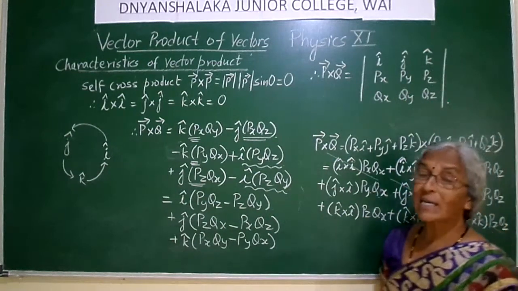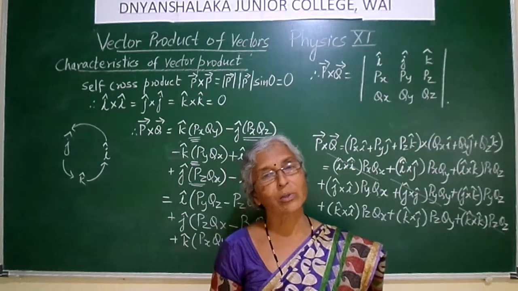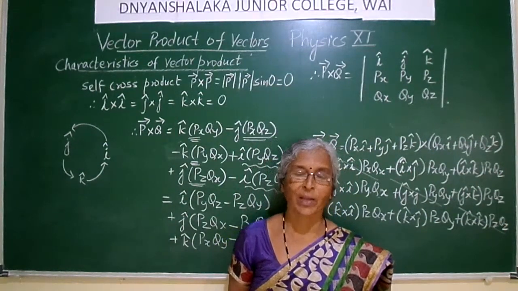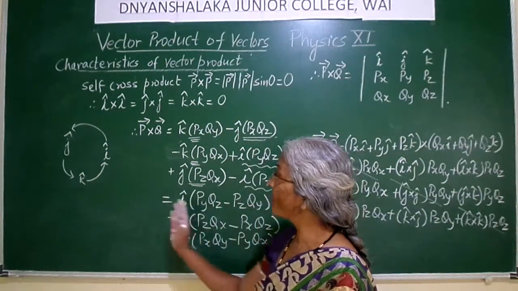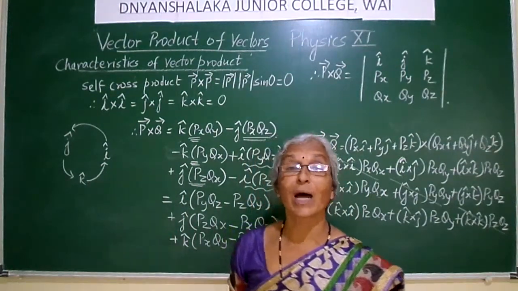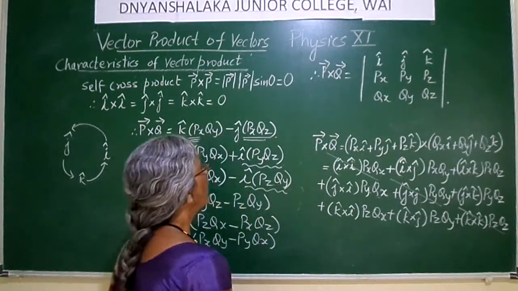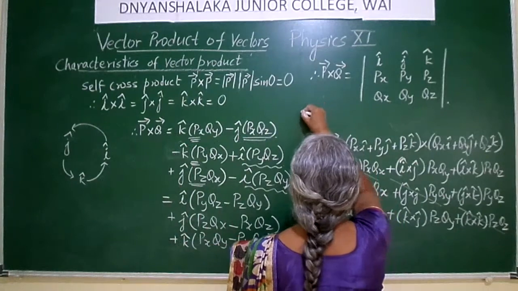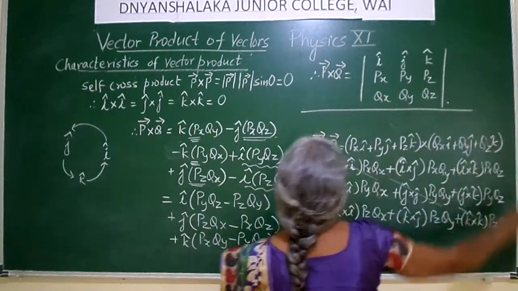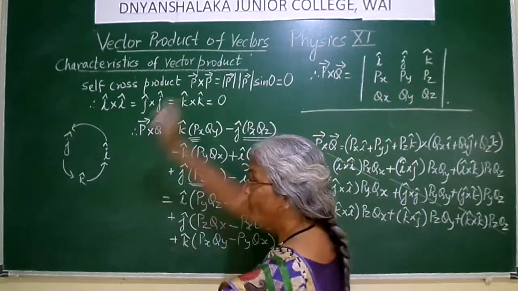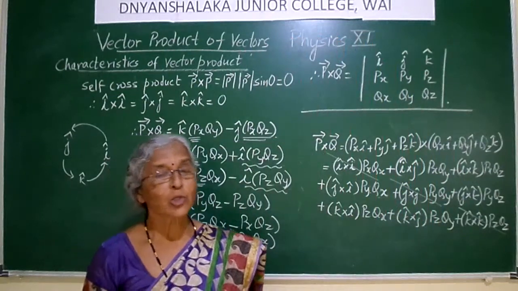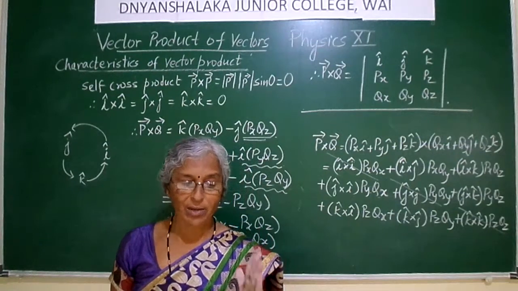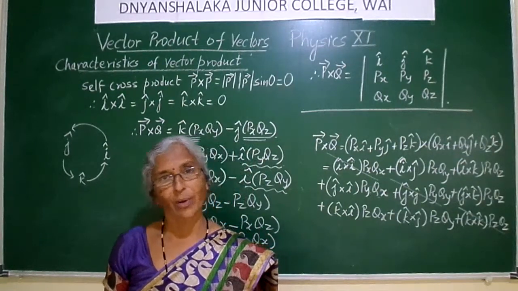So I can express the vector product of 2 vectors in determinant form. This derivation is very important, and you may be asked to prove that the vector product of 2 vectors can be expressed as a determinant of order 3. So go through this, understand it, very, very important.